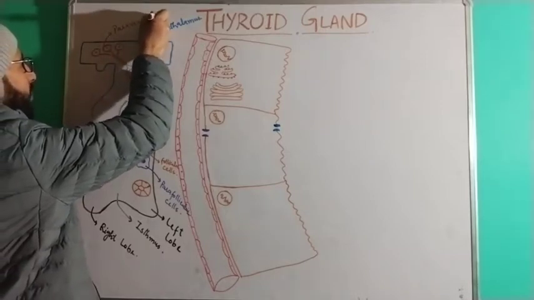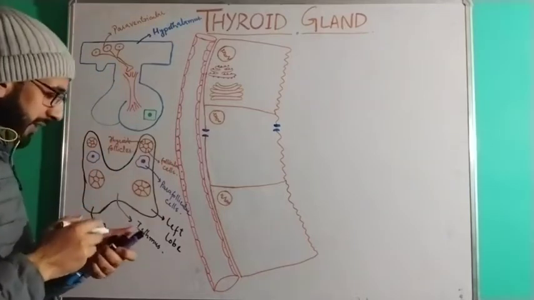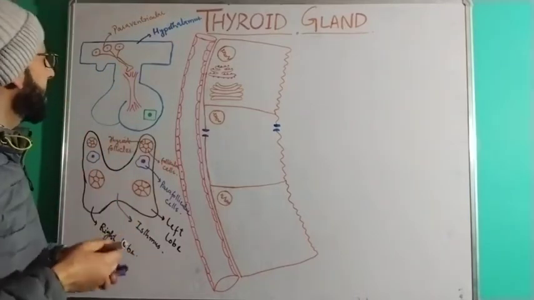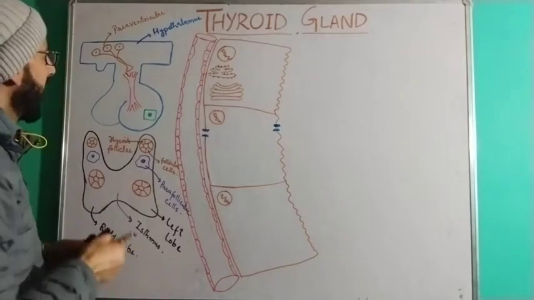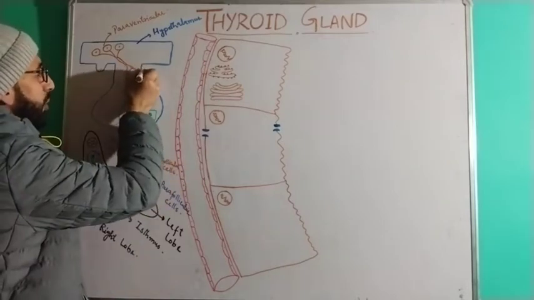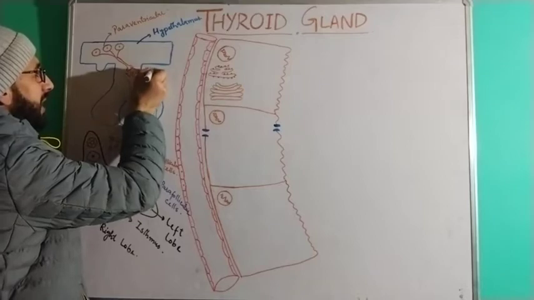Now this paraventricular nucleus secretes a hormone called thyrotropin releasing hormone, TRH.